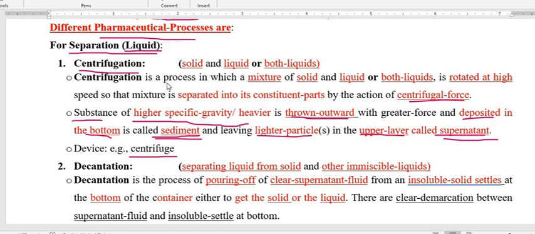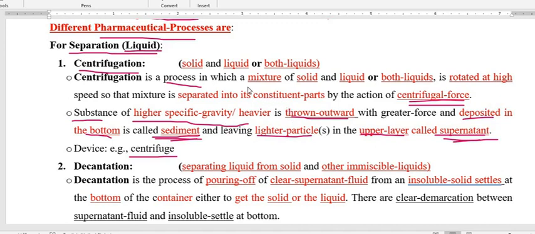It is a process by which we separate the heavier or higher specific gravity material from the lighter one by applying a force, centrifugal force, to form the sediment and the supernatant.